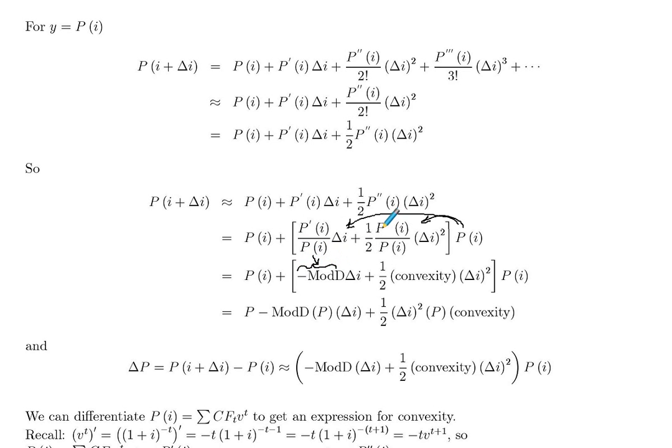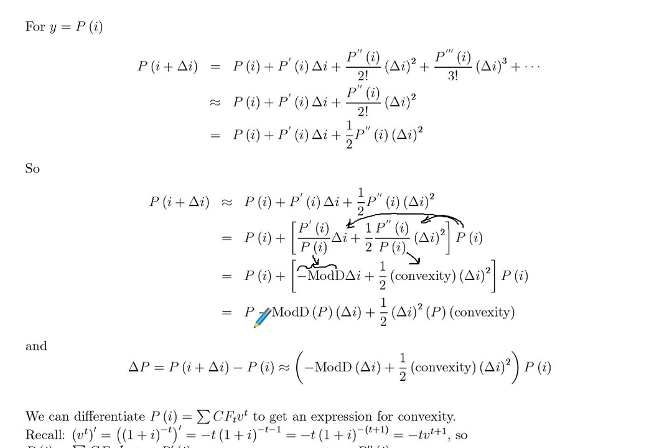And then p double prime over p, that quantity is going to be defined to be convexity. Okay, so this p double prime over p, that's going to be what we call convexity. 1/2 I brought along, delta I squared I brought along, and then our price on the outside.